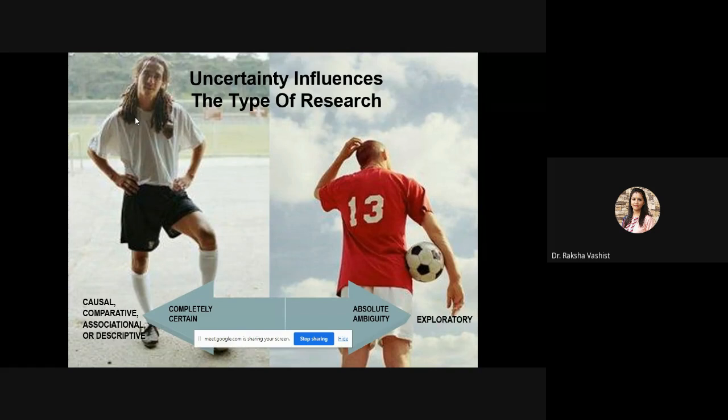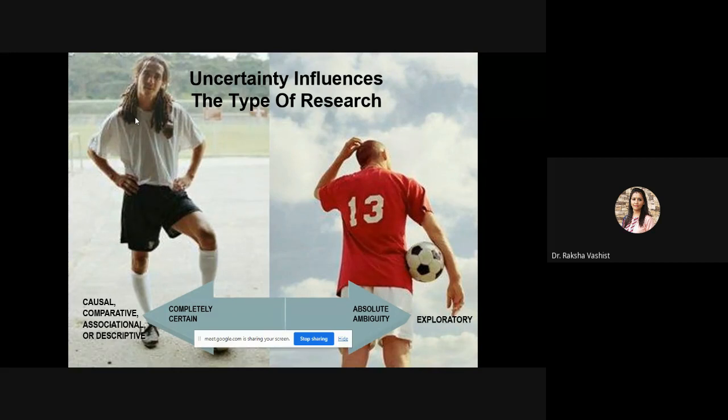In case of completely certain situations, we use causal research, comparative research, associational research, or descriptive research. Okay, all right. So it means when we know the variables, when we know the situations, we can compare that, we can associate that, we can find out the relationship between those variables, those situations, those facts. We can describe those facts, and we can also make the cause and effect relationship between them.